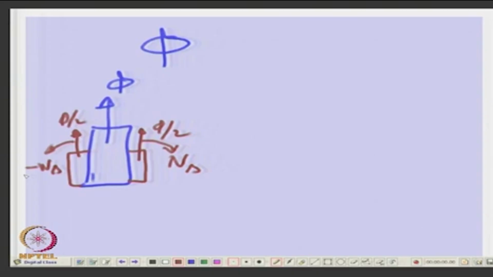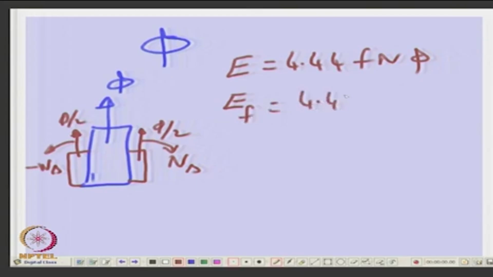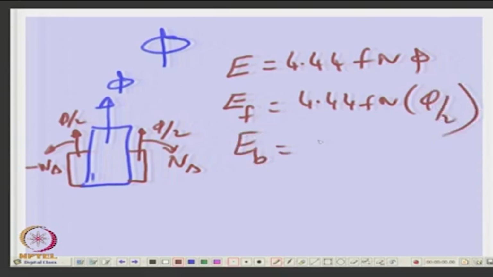So, if the net E is 4.44 F N phi, this is the phi forward. So, E forward will be 4.44 F N phi by 2, and E backward will be 4.44 F N phi by 2 at start.